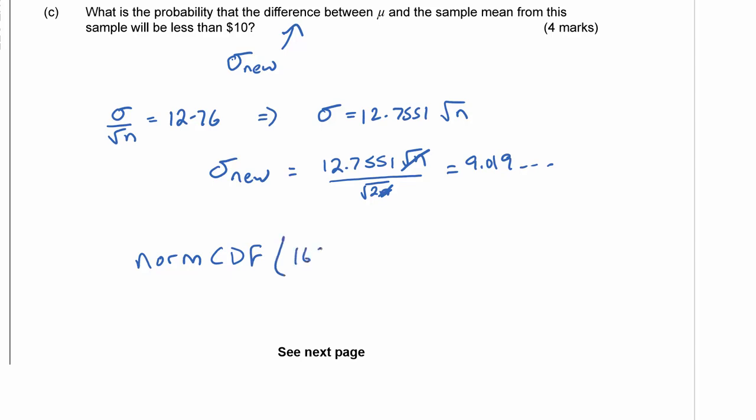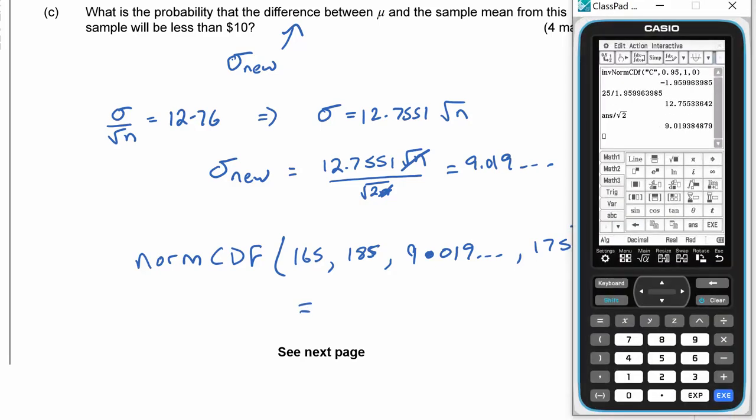So let's just go within 10 either side of that particular sample and use the 9.019 as our standard deviation there, and 175 was the previous mean, and see what that comes to, and it will give you the same answer as doing all that Z-score stuff.